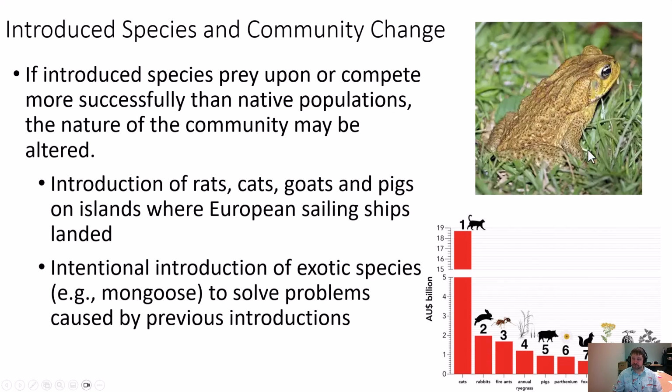Once they ate some of the sugarcane pests, they'd also migrate out of the sugarcane fields and eat all kinds of native herpetofauna, so native frogs and even reptiles, and even small marsupials and things like that, because nothing had ever adapted to the presence of that toad. So it became a really big problem in Australia.